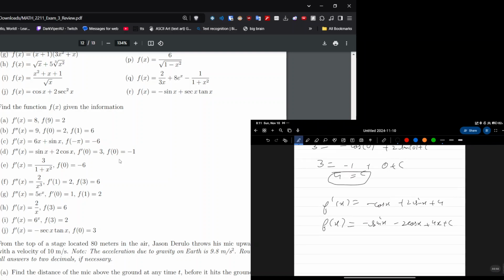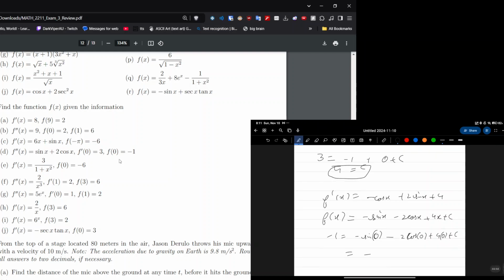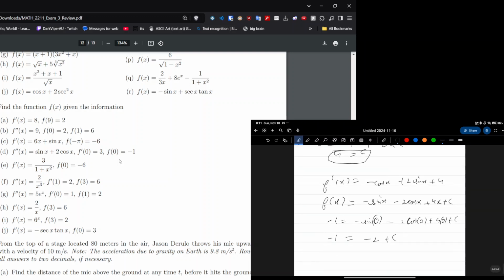If I plug in 0, I get negative 1. So negative 1 equals negative sine of 0 minus 2 cos of 0 plus 4 times 0 plus c. Sine 0 is 0, cos 0 is 1, so negative 2. 4 times 0 is 0, plus c, equals negative 1. I add 2 on both sides.